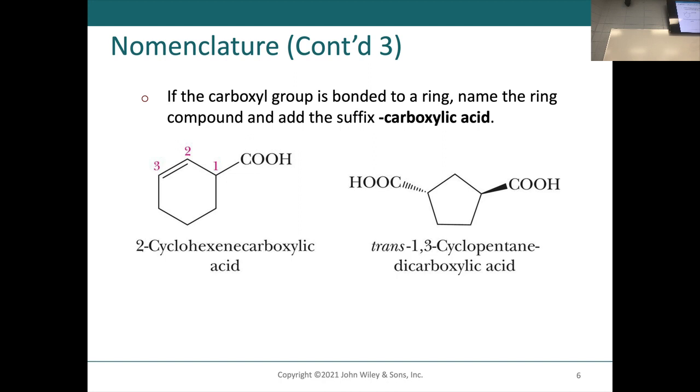2 squared is 4. There's 4 possible maximum number of stereoisomers, right? There are 4 possible. But there's actually fewer than that because if I make this stereoisomer, is that molecule chiral?